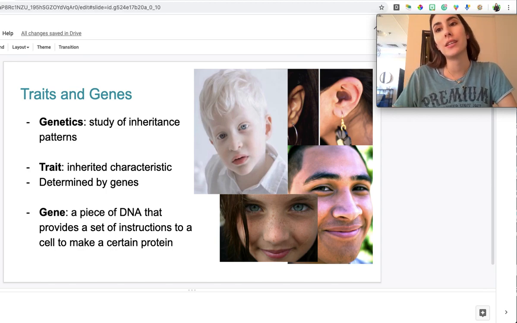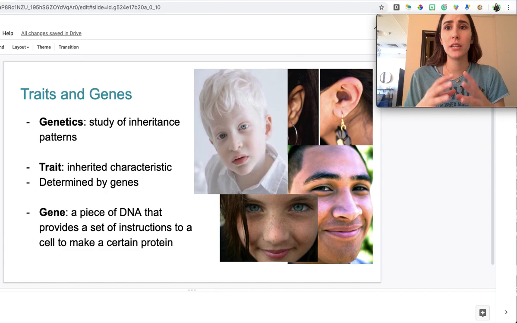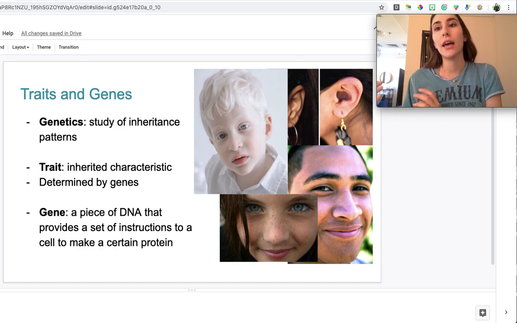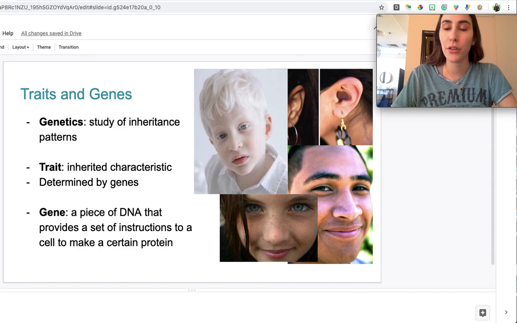Essentially what's happening here is that the organism is receiving some genes from one parent, or some versions, or alternate form of that gene from one parent and one alternate form of the gene from another.